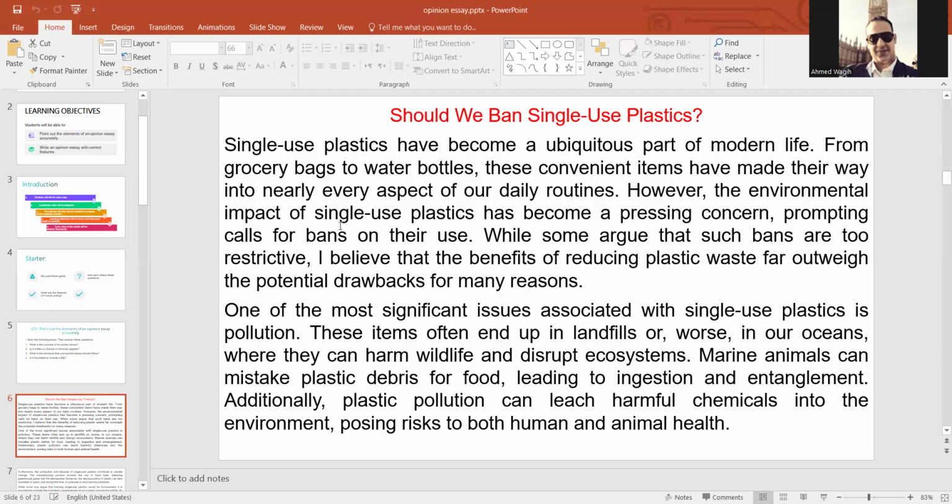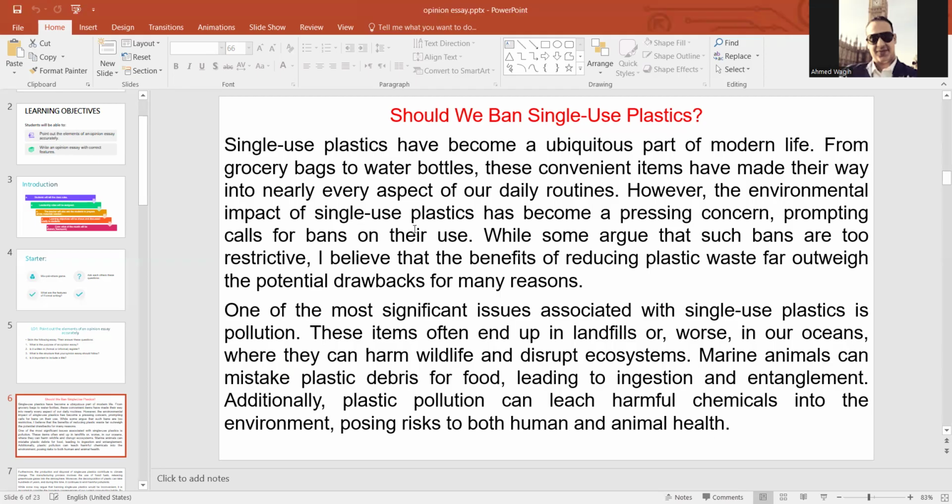So let's have a look at this model. Should we ban single-use plastics? Single-use plastics have become a constant part of modern life, from grocery bags to water bottles. These convenient items have made their way into nearly every aspect of our daily routines.